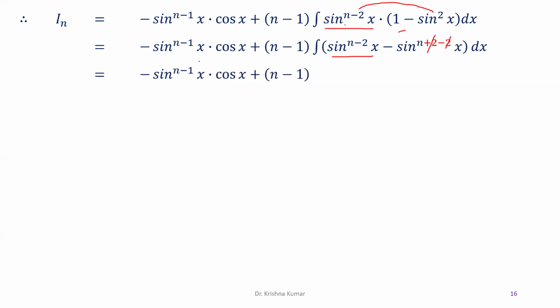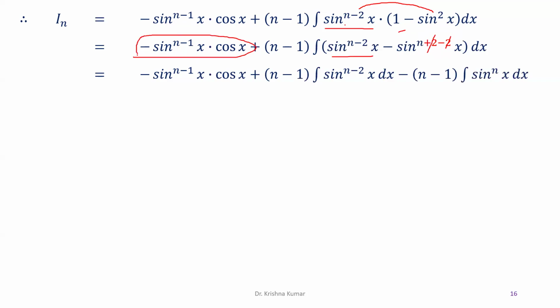Again, let us simplify it. We are not changing anything in the first part: minus sine to the power n minus 1 x into cos x. We are just repeating this one, and n minus 1. Now here we have to open the bracket. So sine to the power n minus 2 x into 1 dx, the first part.